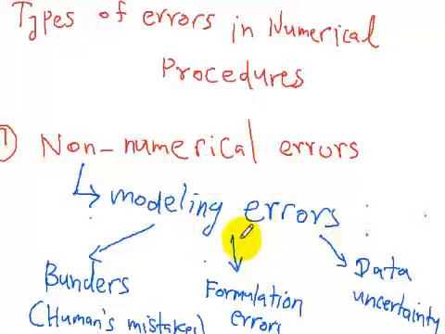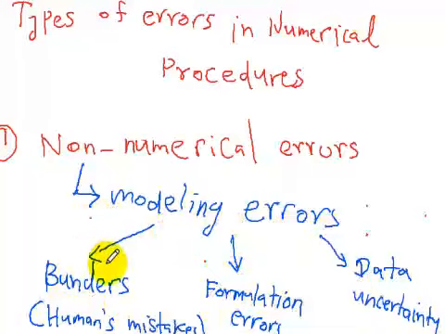Modeling error comes in different types. We have blunders, that means human mistakes, and we have formulation errors, and we have data uncertainty, right?